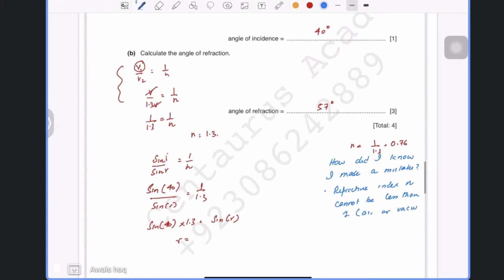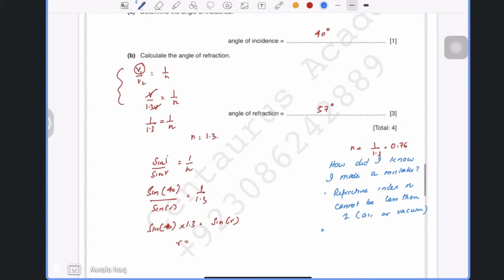Do you understand? So if you get any answer of n less than 1, it means you have made a mistake. Is it clear, Himal?